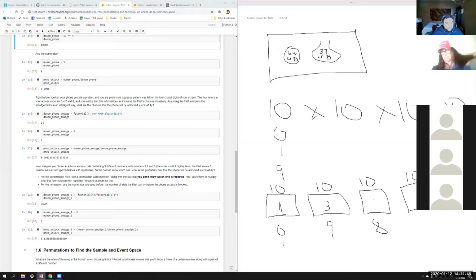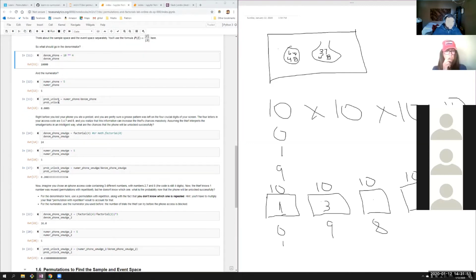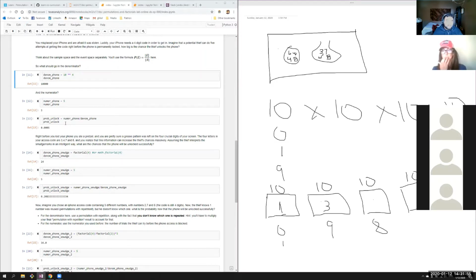All right. So then for the probability, we just have to see what the chances are that this guy can unlock the phone. He has 5 tries. At this point, he's just doing it randomly because he has no other way of narrowing down the possible 4 number combinations any further.